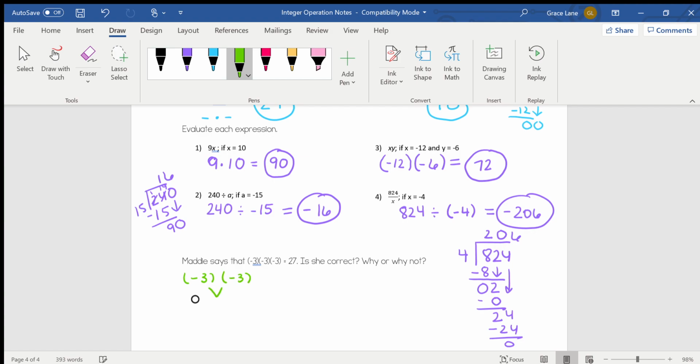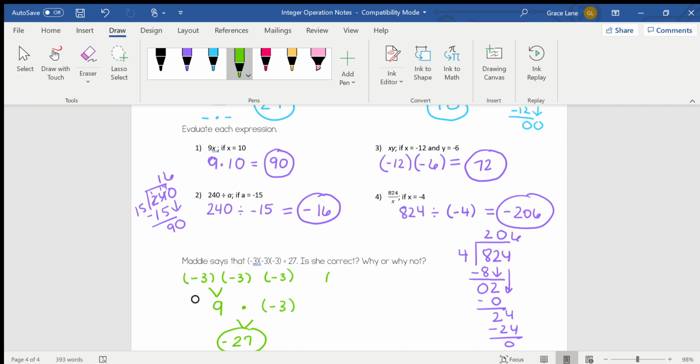Negative times a negative is equal to a positive. So negative 3 times negative 3 is 9. You have still another 3 to multiply. If you do 9 times negative 3 now, you get positive times negative is negative. So the real answer should be negative 27.